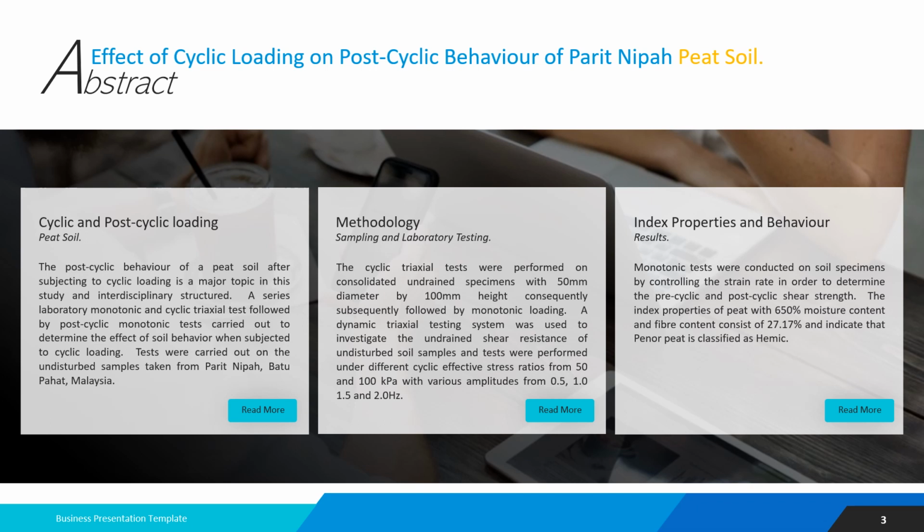Monotonic tests were conducted on soil specimens by controlling the strain rate in order to determine the pre-cyclic and post-cyclic shear strength. The index properties of the peat specimen are 650% moisture content and a fiber content of 27.17%, and the peat is classified as hemic peat type.